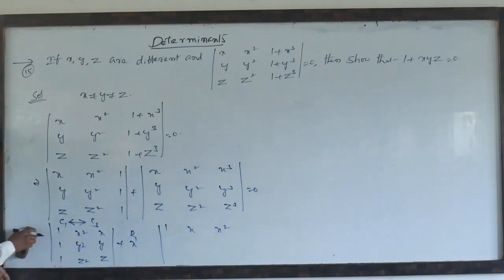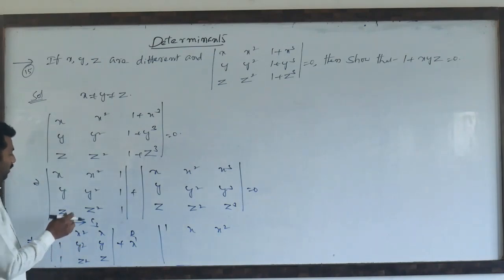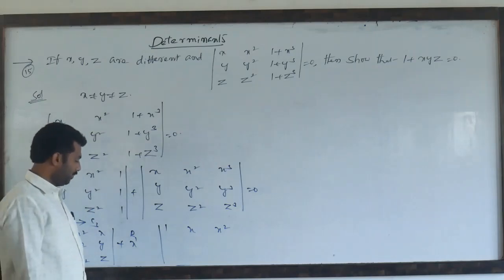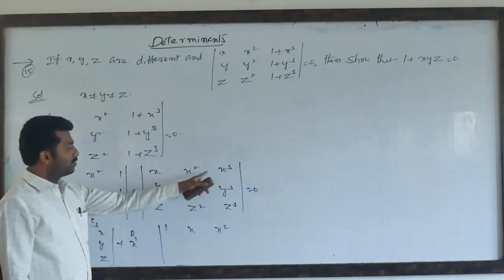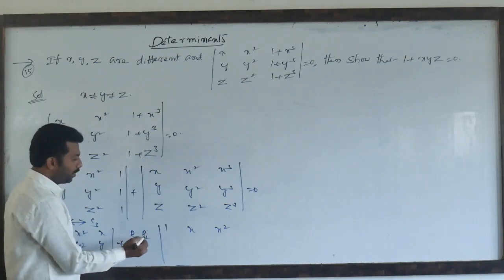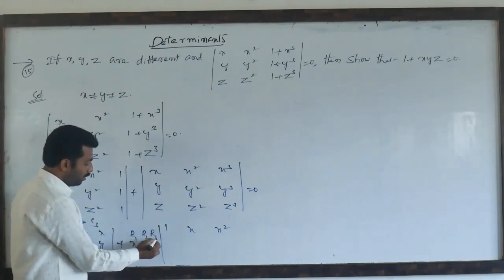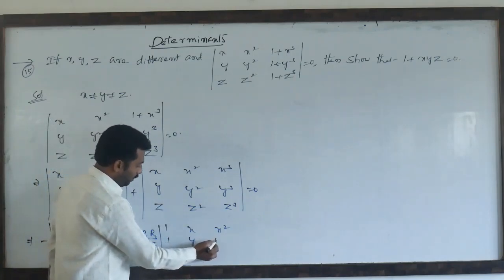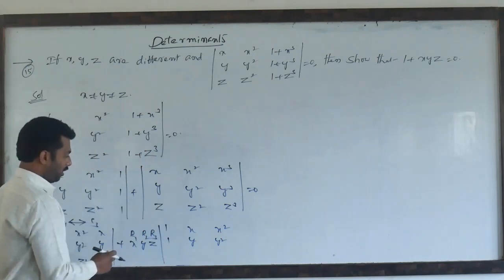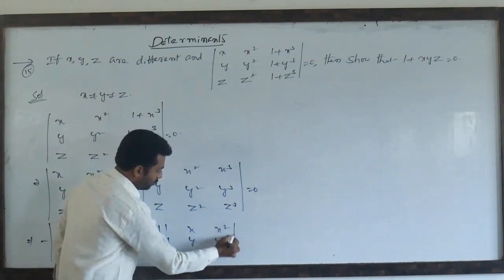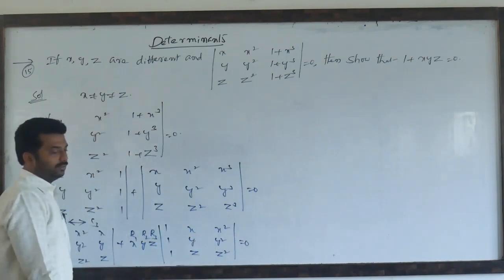Whenever you interchange any two rows or any two columns, the sign of the determinant is reversed, means minus. Now from the first row we take x common, from the second row y, and from the third row z. So the second row is 1, y square, and the third row is 1, z square, equal to 0.